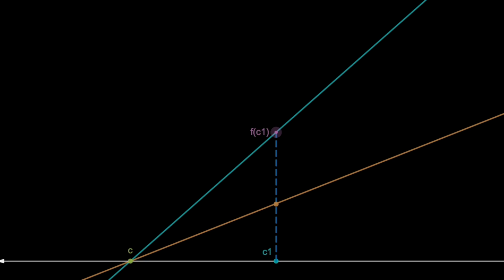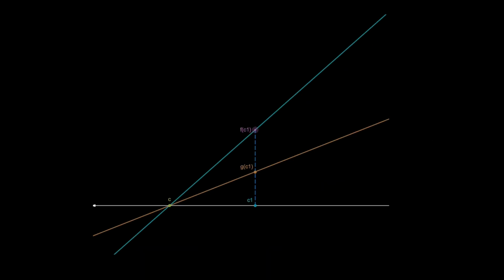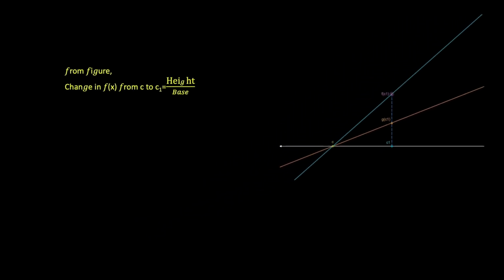Now from the figure, slope of f of x at c or c1 at any point is equal to height over base. And we know the height is f of c1 and the base is c1 minus c. So that's why the slope of the function at c1 or c is equal to f of c1 by c1 minus c.